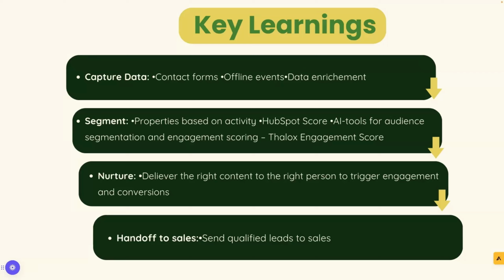Then segment always based not only on the profile, but as well on how engaged they are. And based on how engaged they are, you can then create targeted campaigns for them because they are not in the same phase of the customer journey. Someone who is inactive needs to know more about your company.